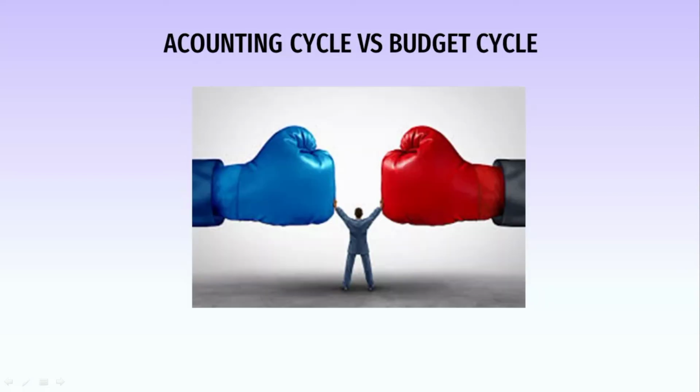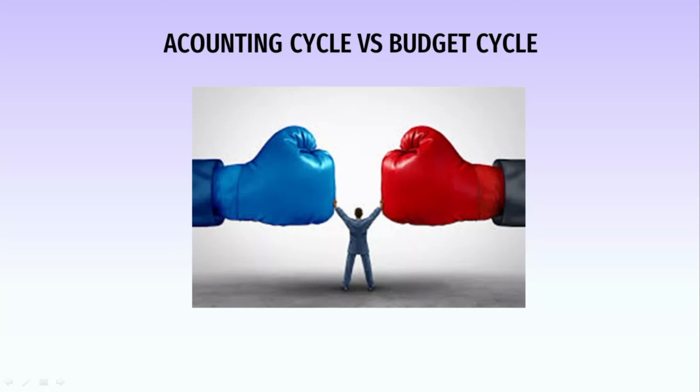Now, how is the accounting cycle different from the budget cycle? The accounting cycle and the budget cycle differ in their timing and focus. The accounting cycle records and reports past company transactions, whereas the budget cycle analyzes the direction and aspirations of a company in order to project future transactions.